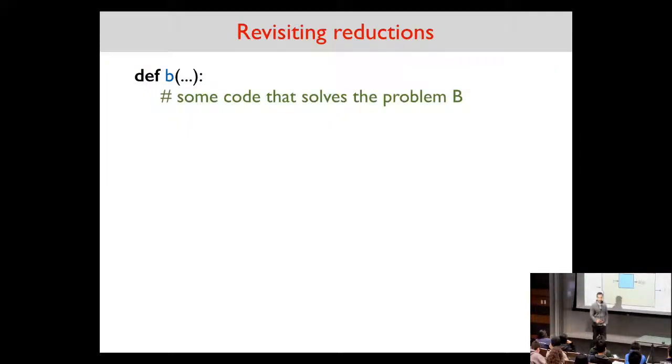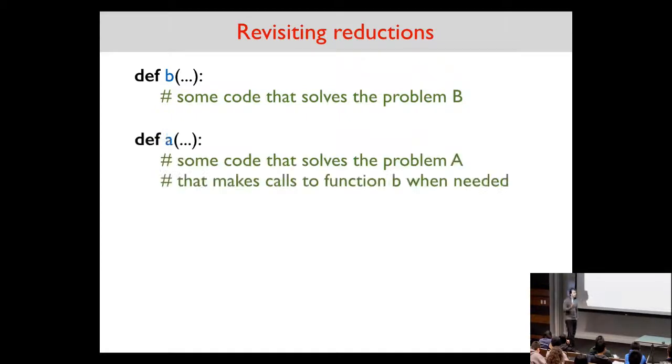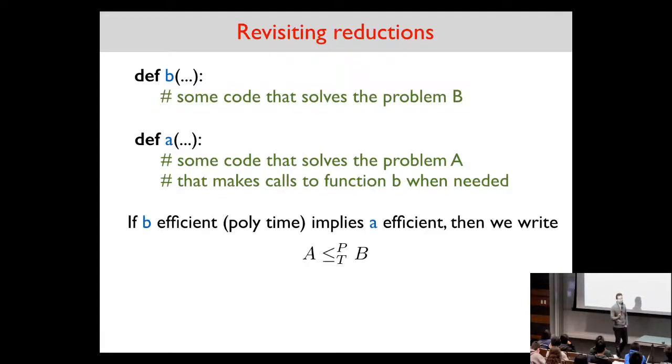Another way to look at it, if you're comfortable with code and you like Python, is to say: suppose you have this function small b that solves the computational problem capital B, some code, and suppose that you can come up with this function small a that solves the computational problem capital A, and it makes calls to this small b whenever it wants to.